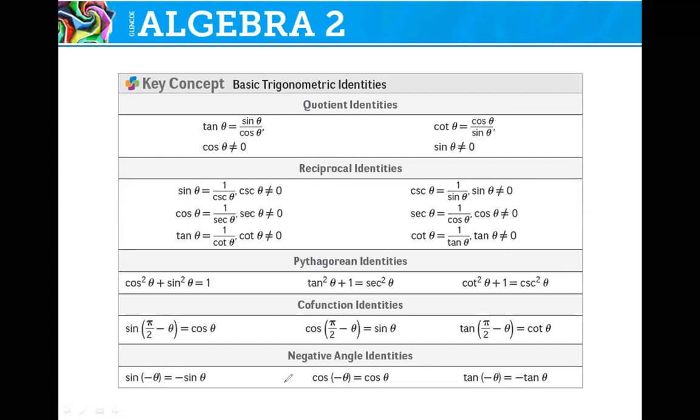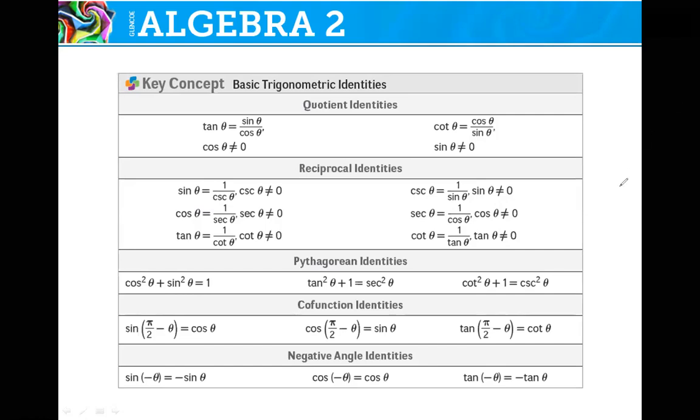But in cosine, it's the opposite, it stays positive, because a negative angle means the fourth quadrant, and in the fourth quadrant cosine is positive. So if you have a negative angle and you want the cosine, it changes to positive. Also tan will be negative. It's a very important page. If you want to photo it, this video will be on the website after we have finished, I'll upload it.